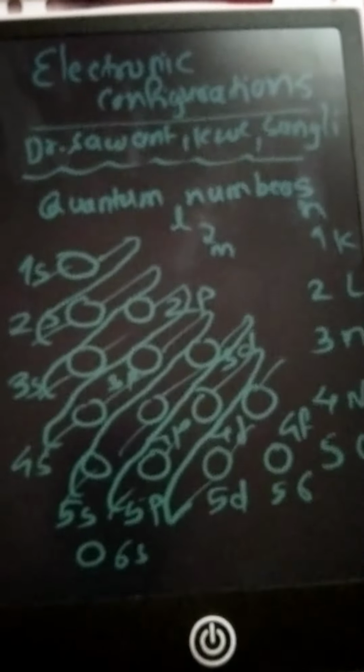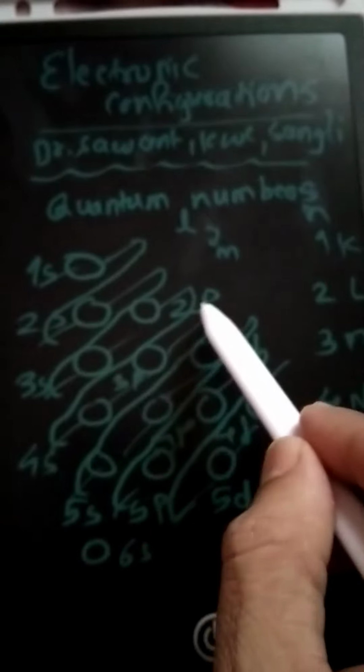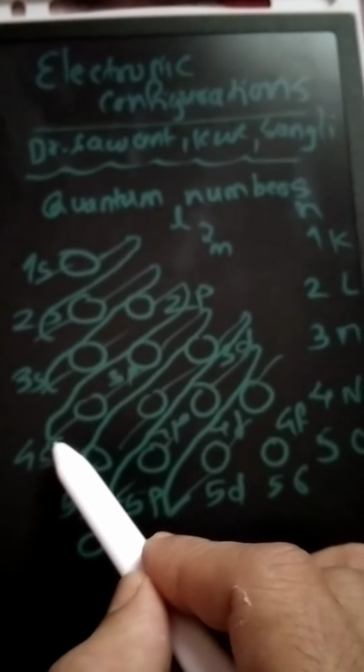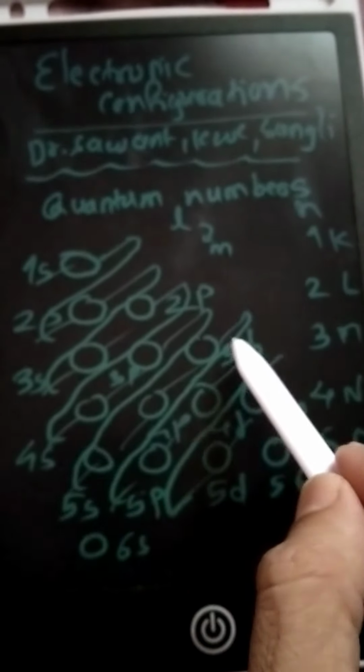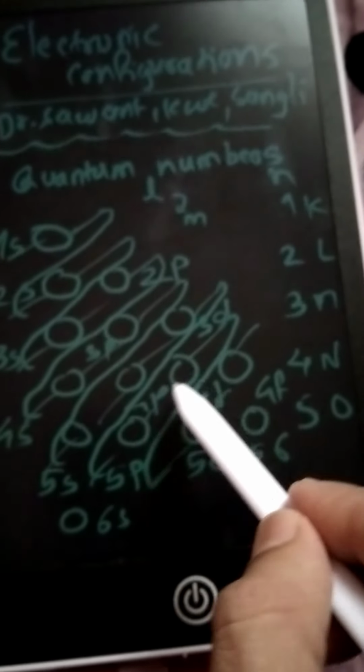Next, successively 6s. So as we move from 1s, 2s to 2p, then 3s, 3p, 4s: 4s is filled first, after that 3d. That is obtained from this diagram, inclined lines joining head to tail. After 3d, the 4p is present, then 5s, 5p, 4d.